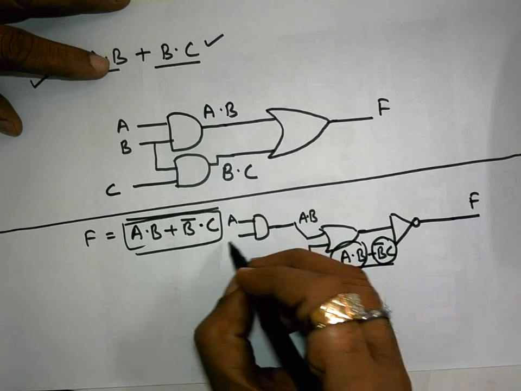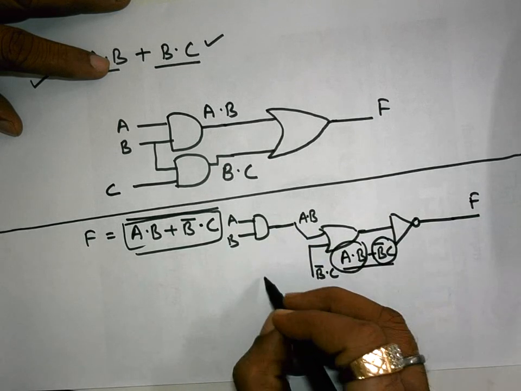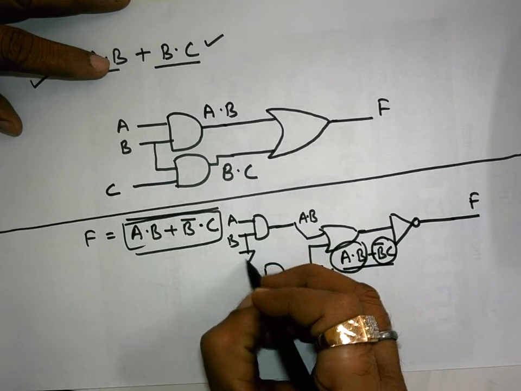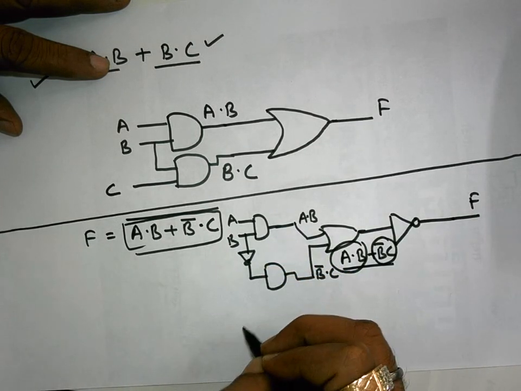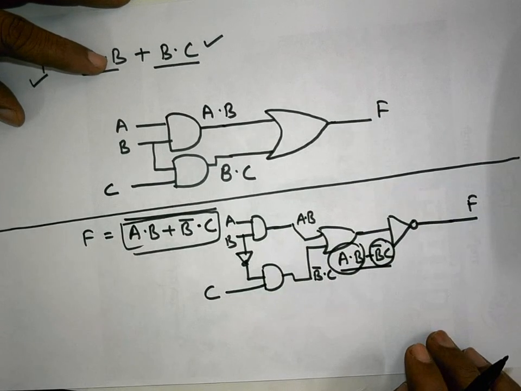A B, and B bar C is also the job of an AND gate. But to get B bar we apply an inverter over here. This is B bar and this is C. This way we have translated this logical expression into a logical circuit.